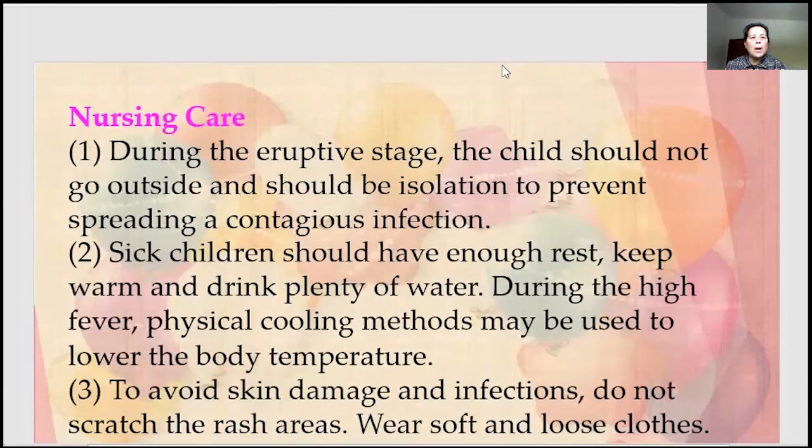Then we're talking about nursing care. During the stage when the skin rash has developed, it's kind of itchy there, and people try to scratch the skin and easily get other infections.